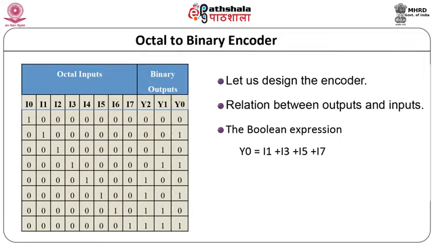Then the Boolean expression is Y0 is equal to I1 OR I3 OR I5 OR I7. Similarly, the Boolean expression for Y1 is equal to I2 OR I3 OR I6 OR I7. The Boolean expression for Y2 can be written as Y2 is equal to I4 OR I5 OR I6 OR I7.